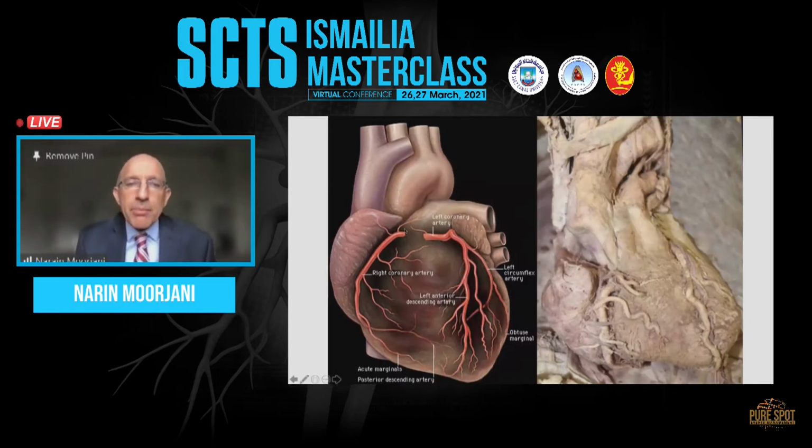Trying to relate some of these structures that we see on these illustrations to what we would see in a pathological specimen, we can again see the right coronary artery lying between the right atrium and the right ventricle in the right atrioventricular groove, and the left anterior descending artery between the left ventricle and the right ventricle in the anterior interventricular groove, just to further illustrate that point.